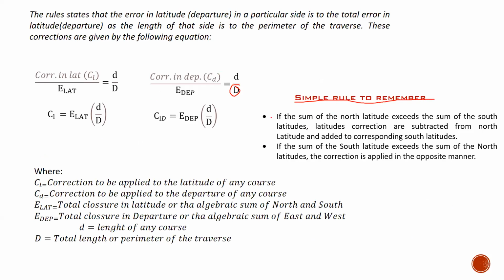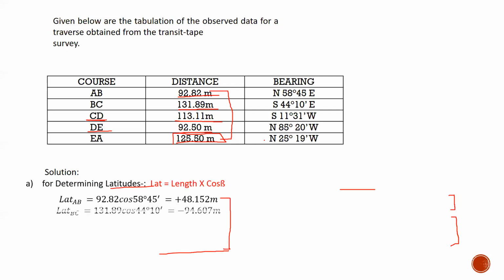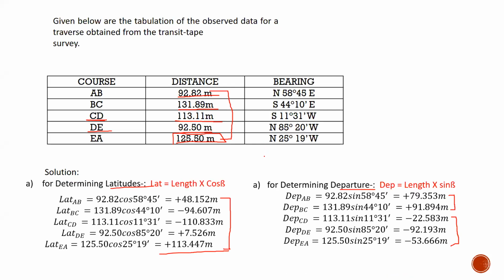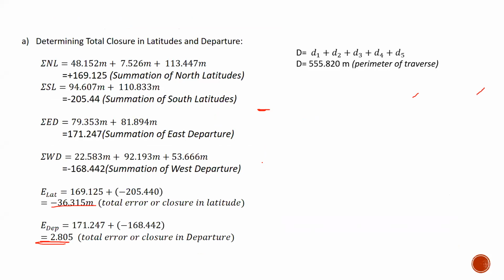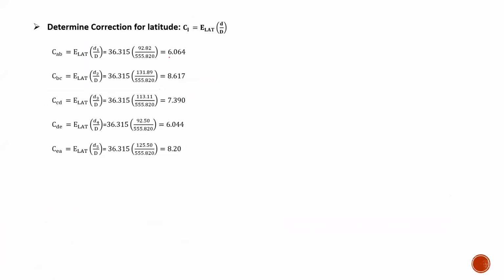In this problem, kayo yung mag-isip. I will give you. In this problem, yung sum ng latitude natin is negative 36.315 meter. Ano yung nag-exceed? South or north latitude? South. South latitude. So, ano yung gagawin natin dito? Ano yung gagawin natin sa mga nakuha natin?